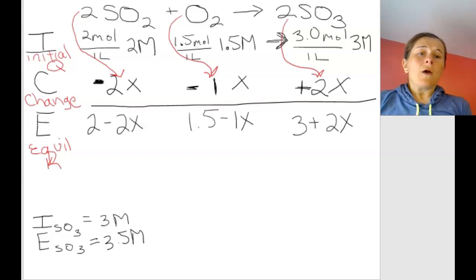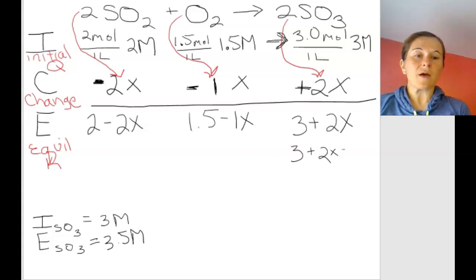Well, we need to solve for X so that we can solve this problem. Well, remember that we have the concentration of SO3 at equilibrium. So this equation, 3 plus 2x, is going to equal 3.5.